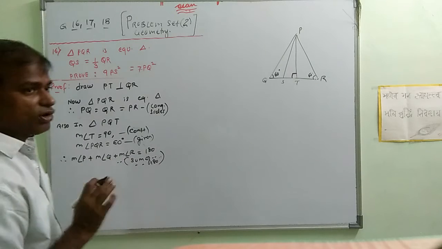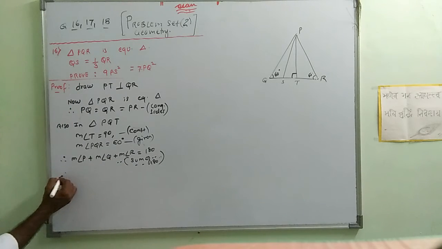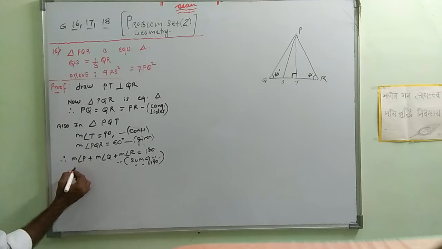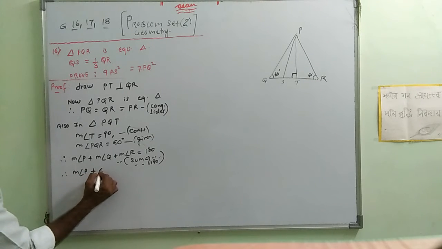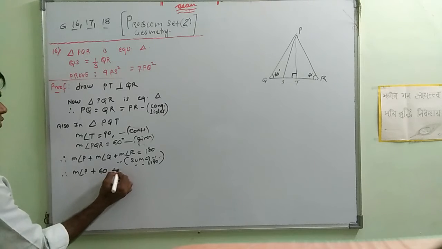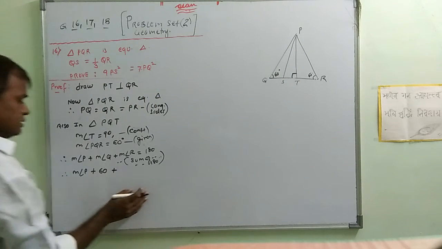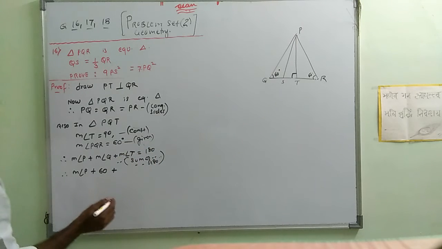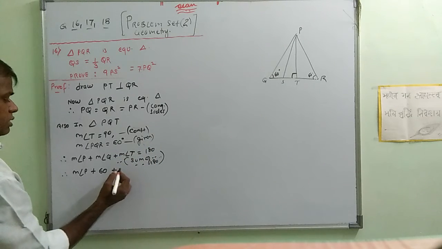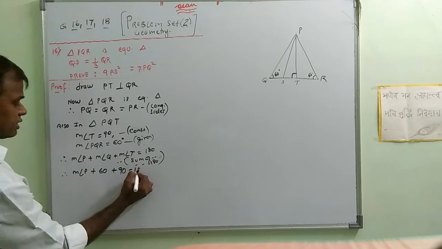Therefore, measure P is unknown, Q is 60, T is 90, equals 180.